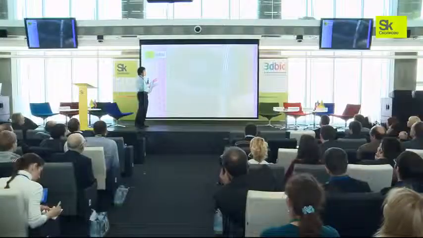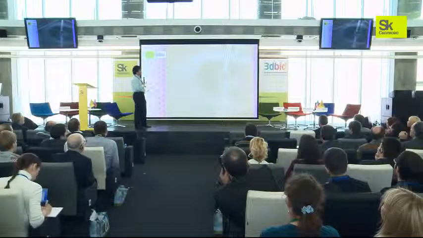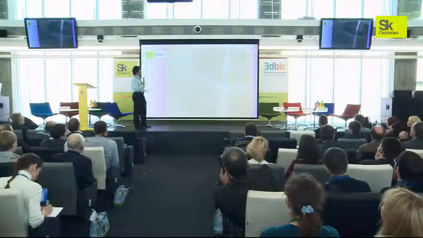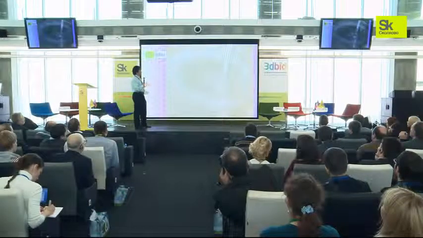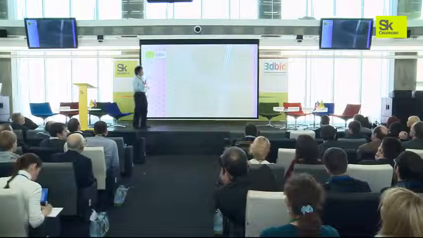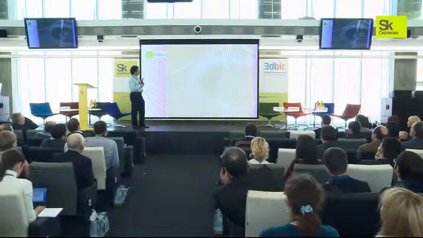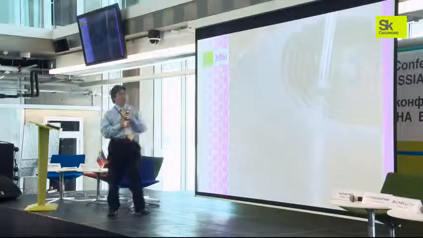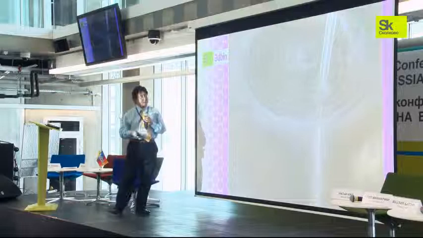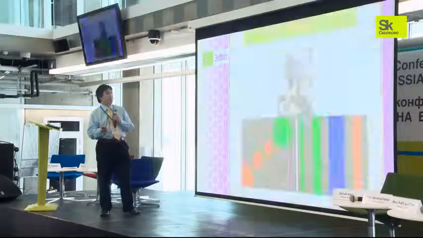The cell size is about 10 to 30 microns, so you can pretty much control the cell structure patterning through this printing technology. It can build three-dimensional structures very easily. I'll just go to the next slides.